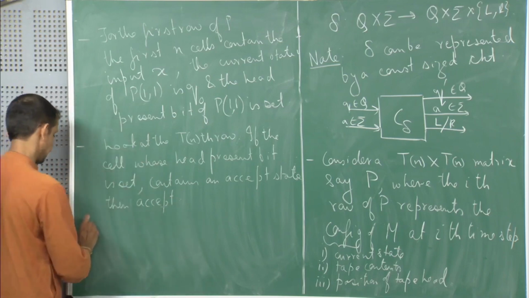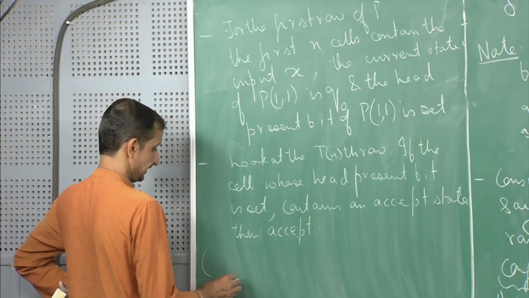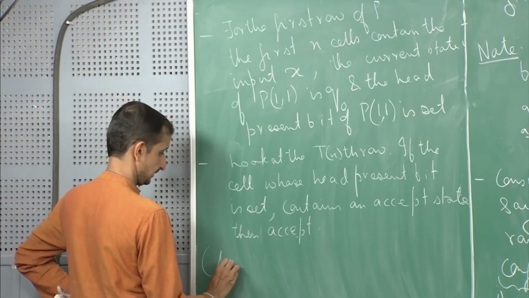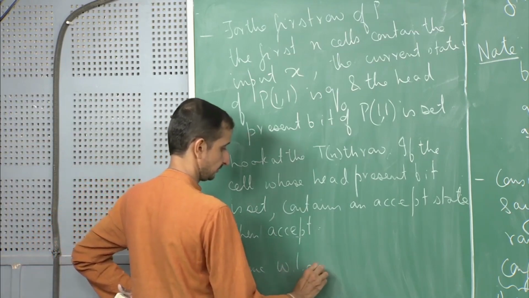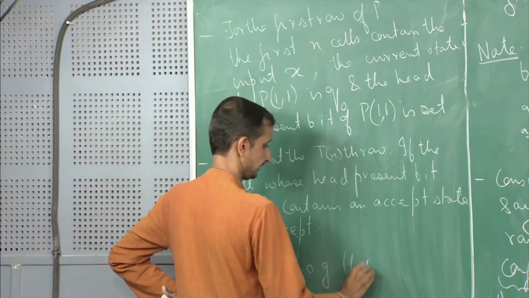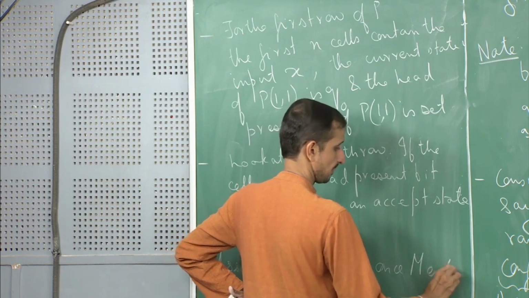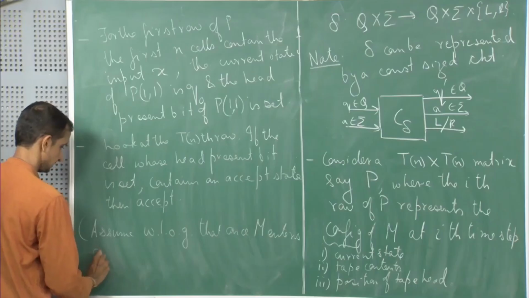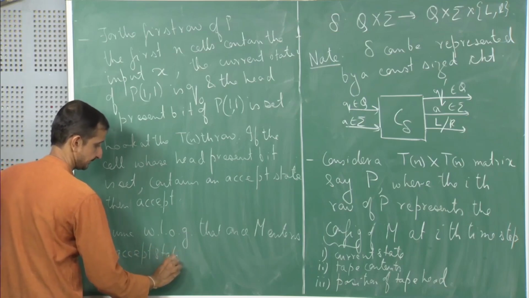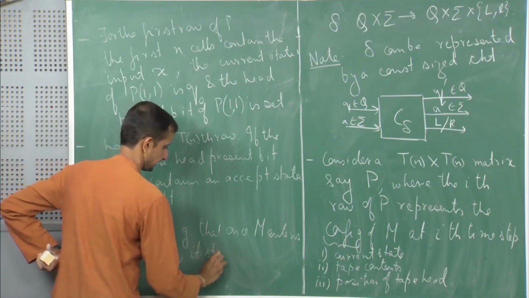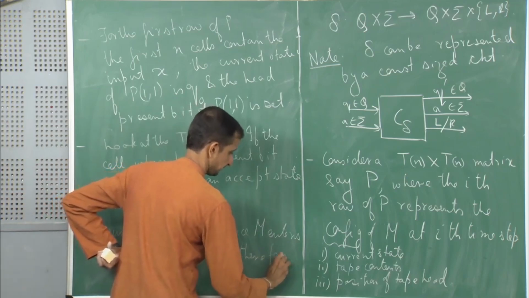And one other thing that we need to mention, because we are looking at the T_n-th row, is the following: assume without loss of generality that once M enters an accept state, it stays there forever.